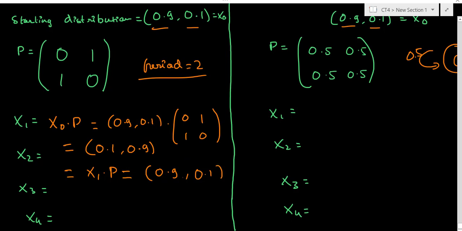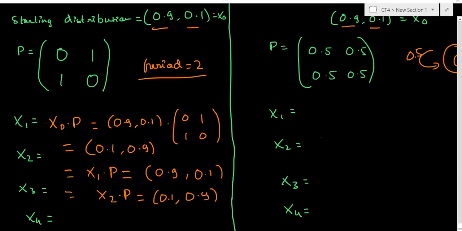Right, 0.9 and 0.1. And then x3 becomes x2 into p, so multiplying x2 with p: 0.9 and 0.1 multiplied by this matrix right here. This would come out to be 0.1 and 0.9.